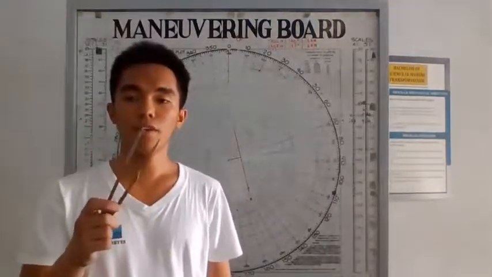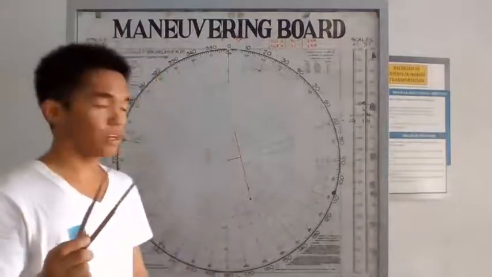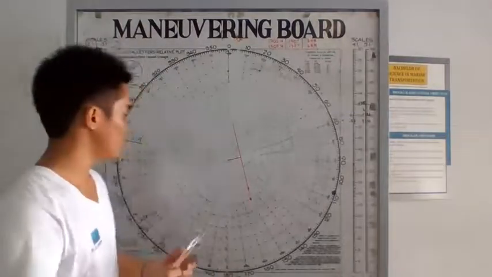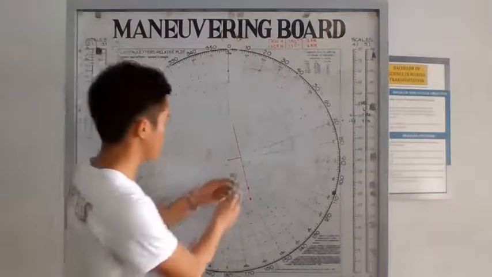Now, with the use of a compass divider, we'll be able to determine the distance, the closest point of approach.